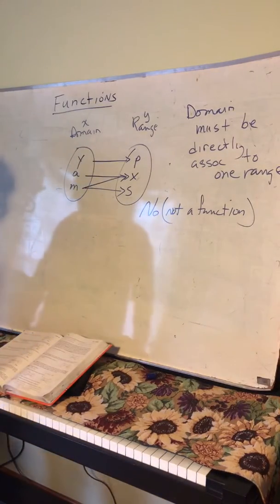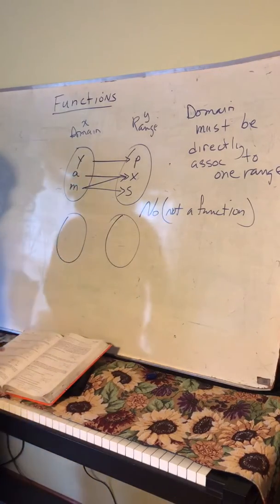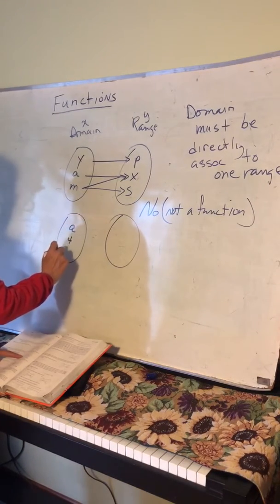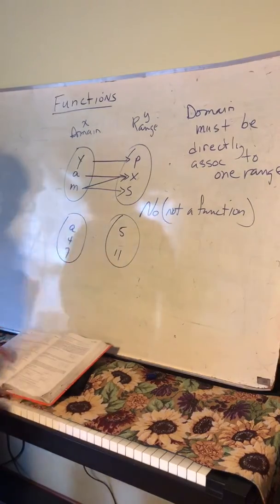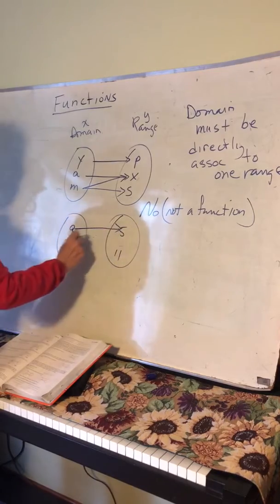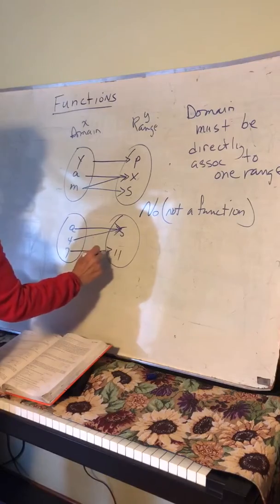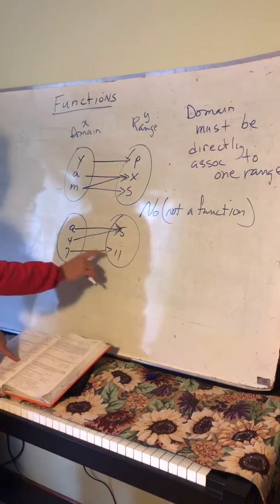Okay, what if it's like this, and you have A, 4, and 7, and you have 5 and 11. Okay, A relates to 5, 4 relates to 5, and 7 relates to 11. This is domain and range.